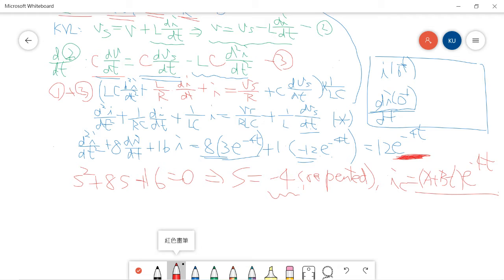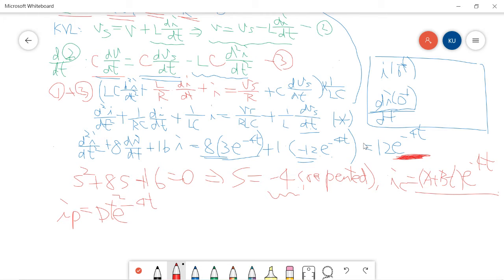So in this case, we should assume our particular solution to be, maybe we should not use c, we can use d, exponential to minus 4t, but we actually need to multiply by t squared because we have the 0 order term and first order term.